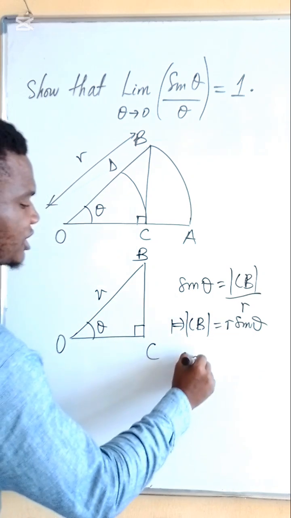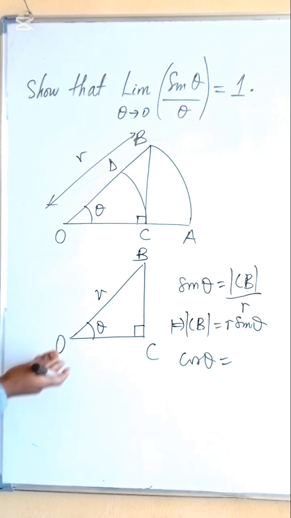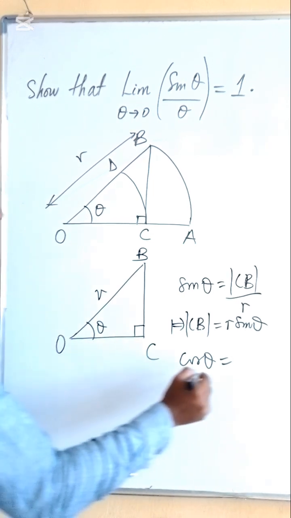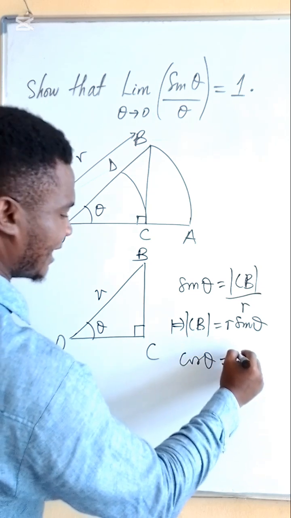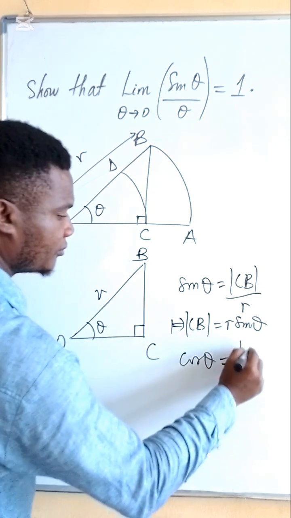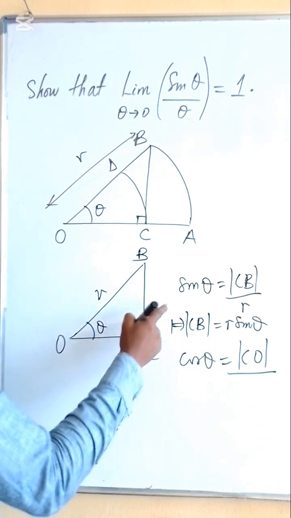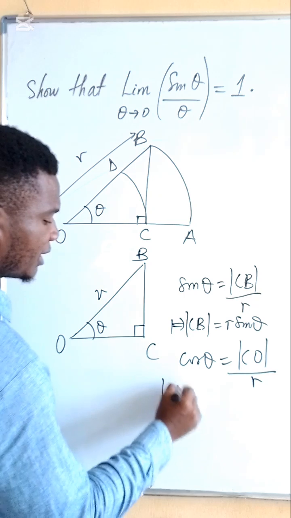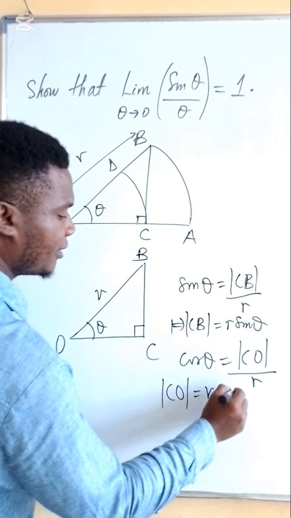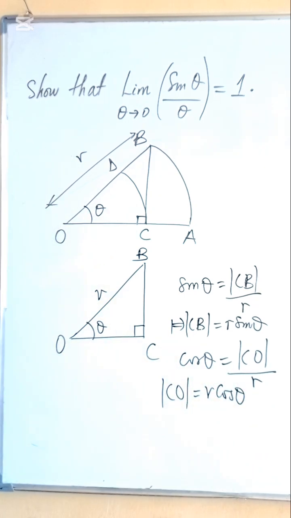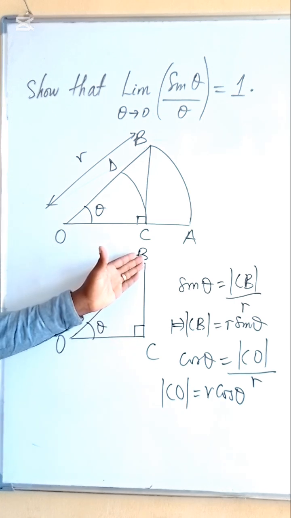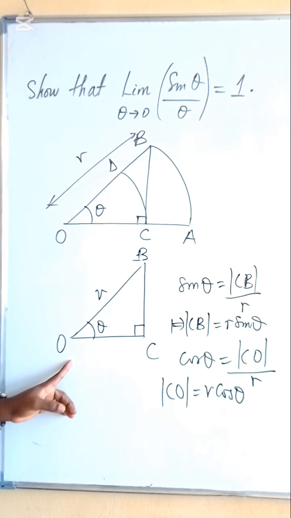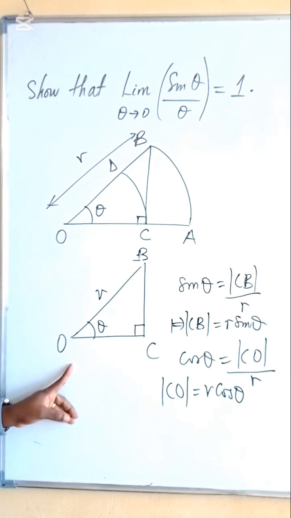And cos theta also can be used to establish a relationship between OC or CO and R. And that would imply having adjacent, which is CO, all over hypotenuse, which is R, implying that CO will have an expression R cos theta. So please take note that CB, the opposite, is R sin theta, and CO, the adjacent, is R cos theta. We need it also in this proof.